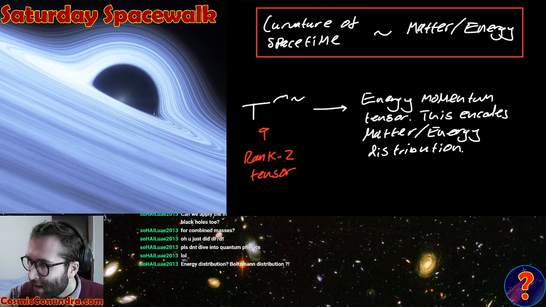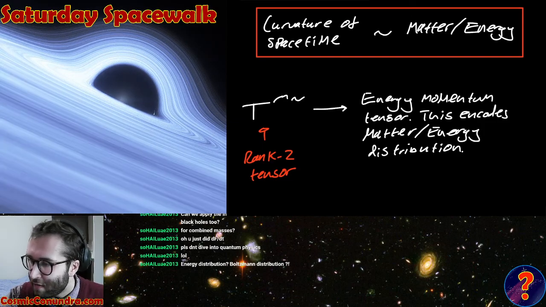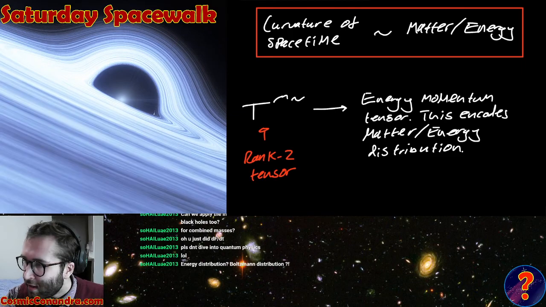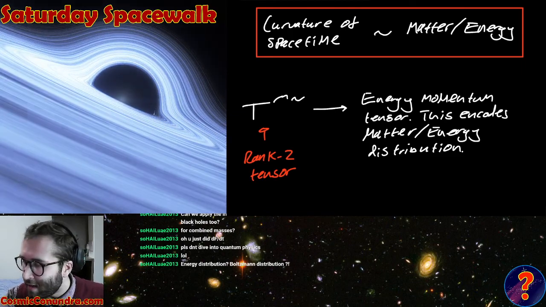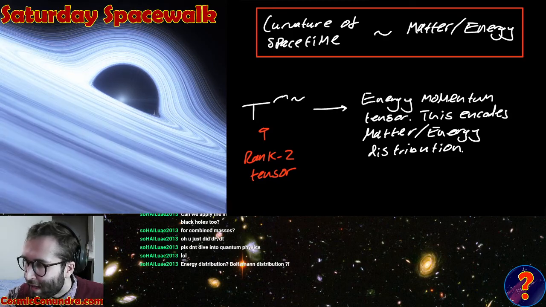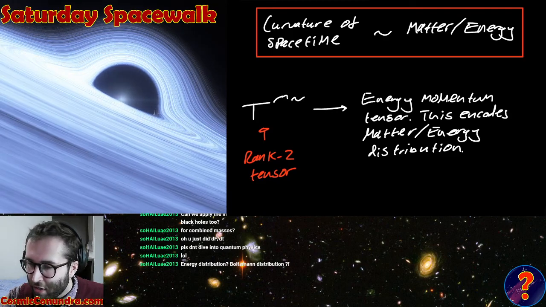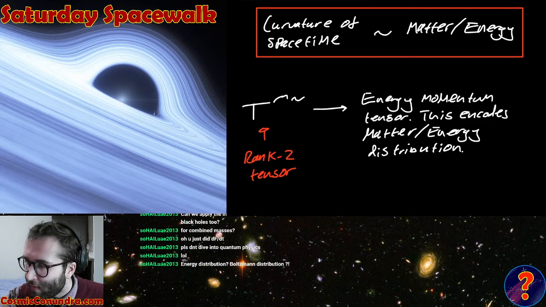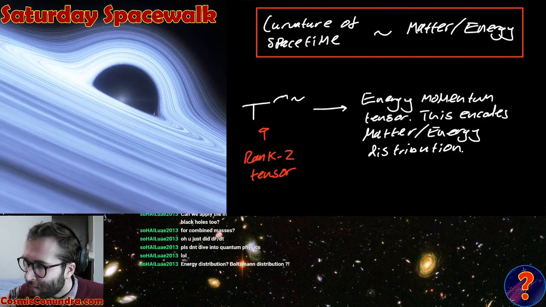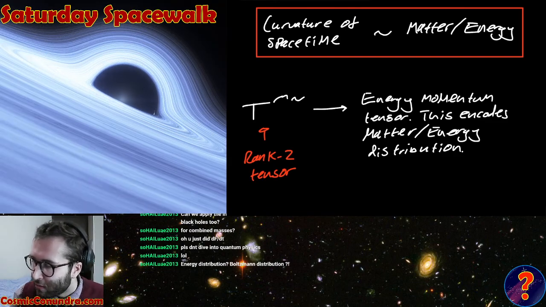Tensors as mathematical objects are very useful in that they transform in a particular way. That means they are not dependent on the coordinate system you use. When you change coordinates, the form of the tensor stays the same. The only thing that changes is the coordinates you're describing it in.